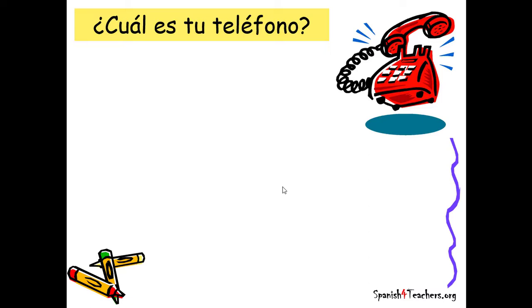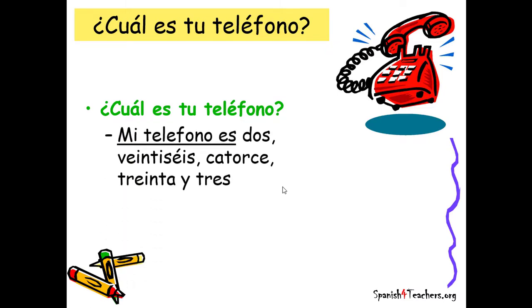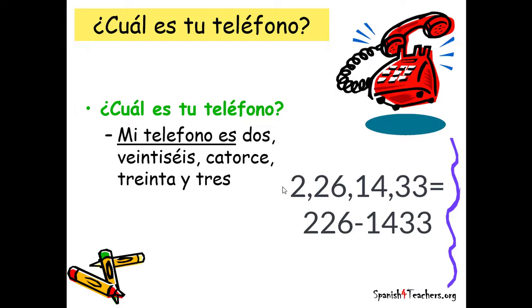So when you answer this, you already know your numbers. ¿Cuál es tu teléfono? What's your telephone number? The response is, my telephone is, mi teléfono es, and then you can do these a couple of ways. Typically, you'll do them in single, double, double, double, double. So, 2, 2, 26, 26, 14, 14, 33.